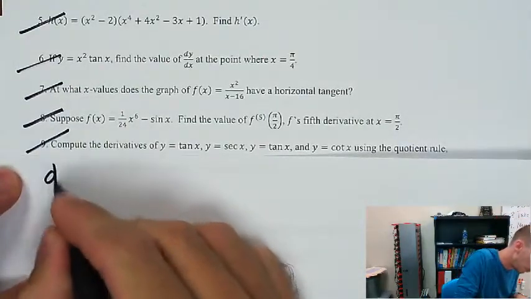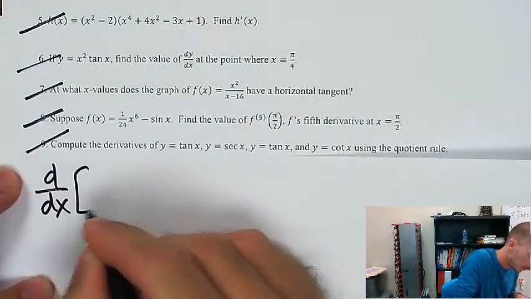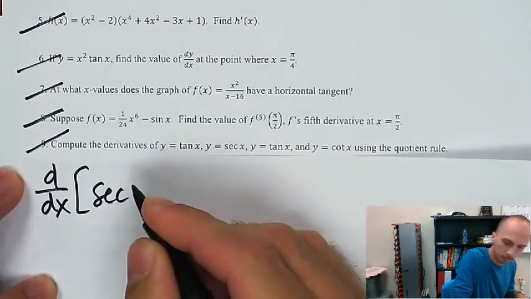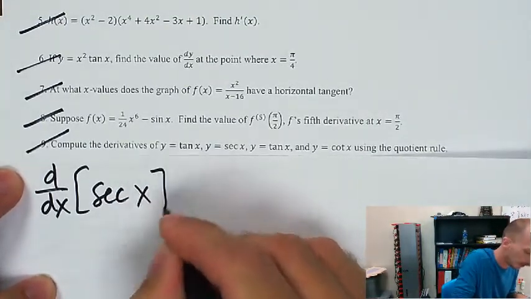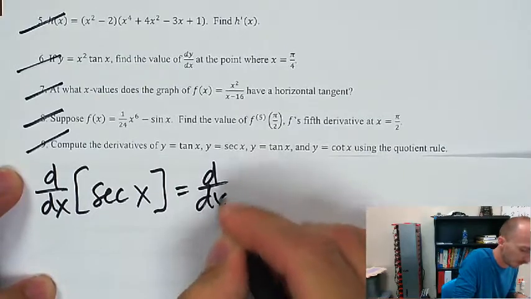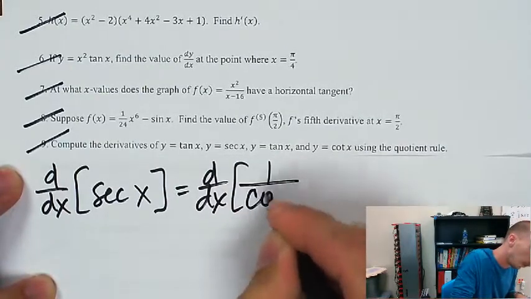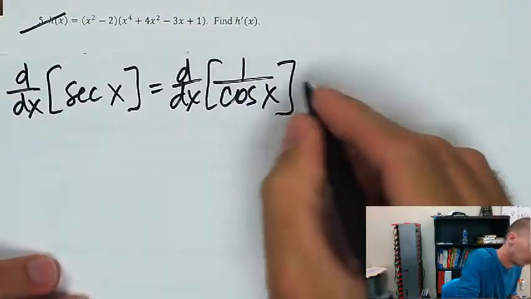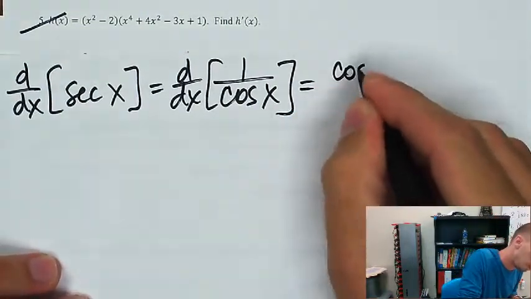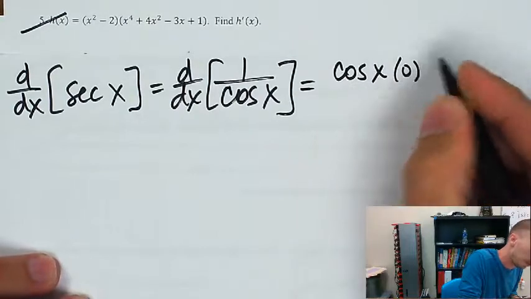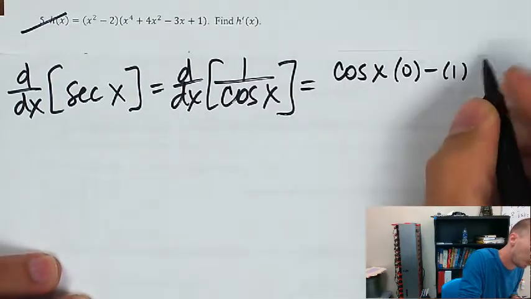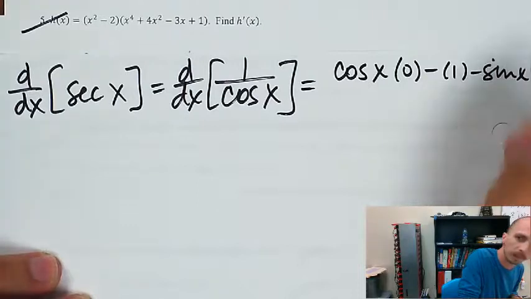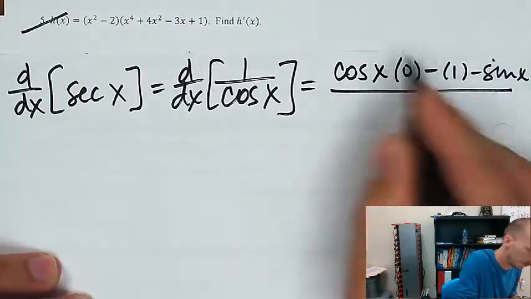Okay, so the derivative of secant x. Secant x is 1 over cosine x, so I could use the quotient rule there: bottom times the derivative of the top, minus the top times the derivative of the bottom, divided by bottom squared.